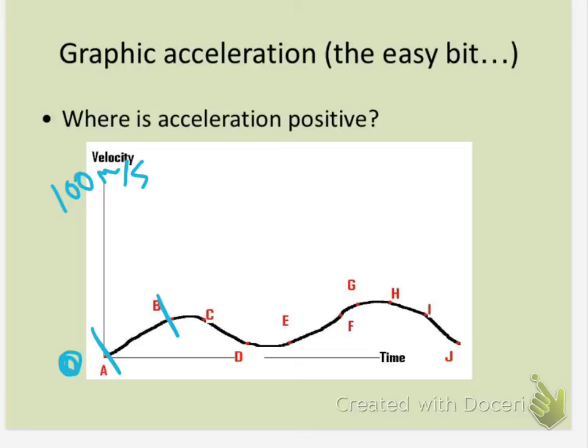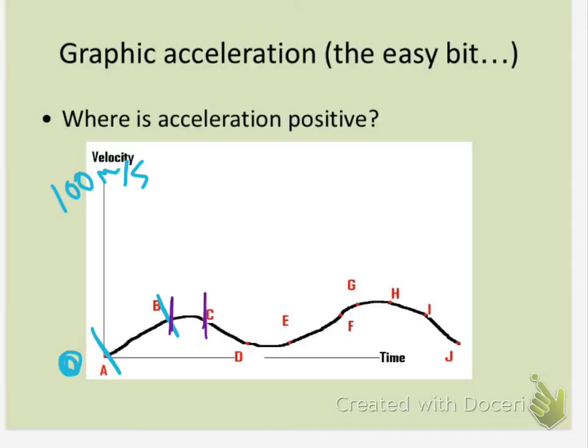Okay, from B to C. Acceleration? Wait, what? It's like positive from the one end. Yeah, it kind of is positive and then it levels off.